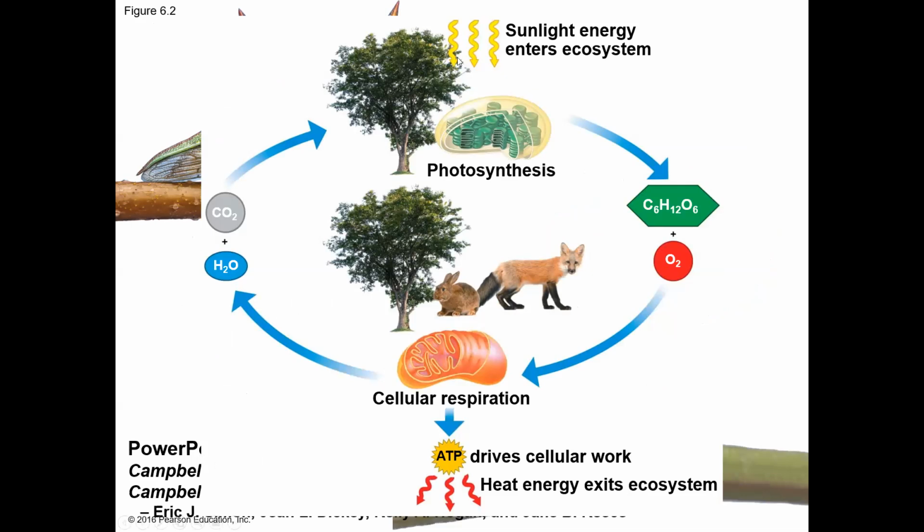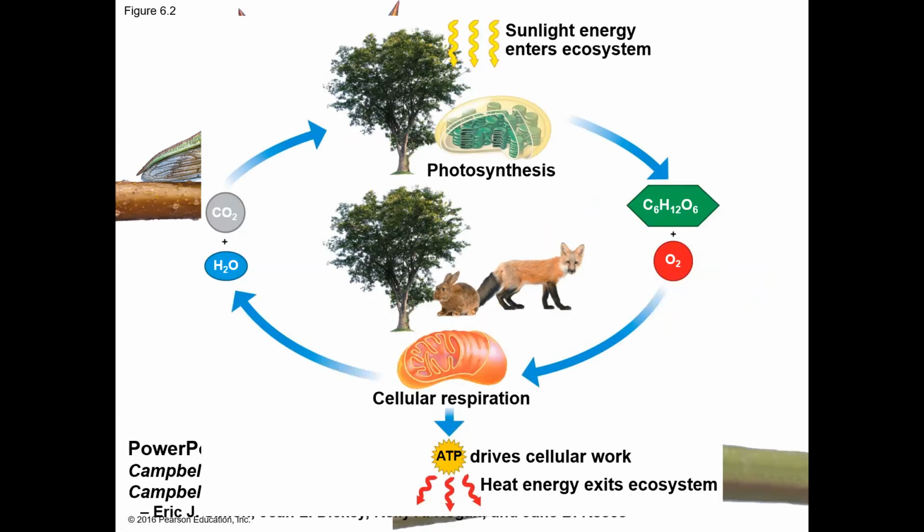The sun, 93 million miles away, is basically a nuclear fusion factory. It makes these sun rays, the solar UV rays that come down, and they provide energy to our plants, trees, bushes, grass and so on.